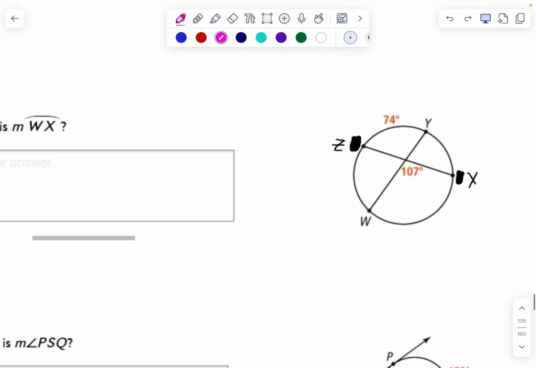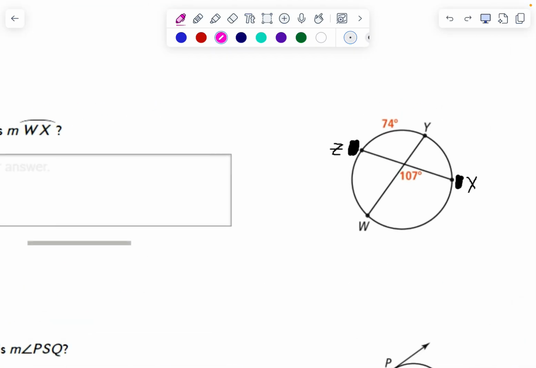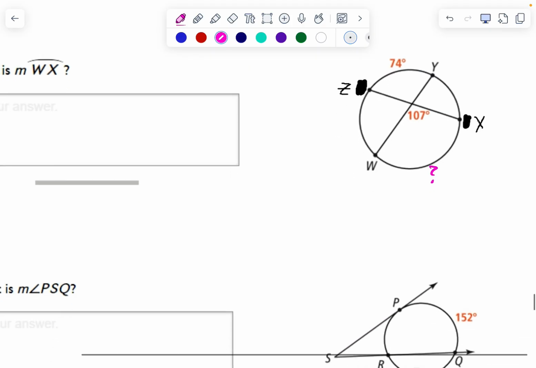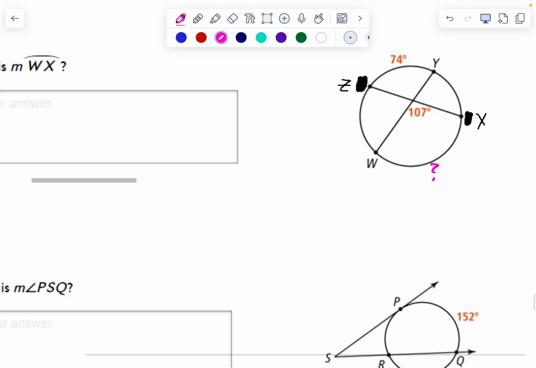All right, is this one interior or exterior? Interior, okay. And it wants us to solve for this arc. So what would our formula, our equation rather, look like? Who wants to set it up for us?